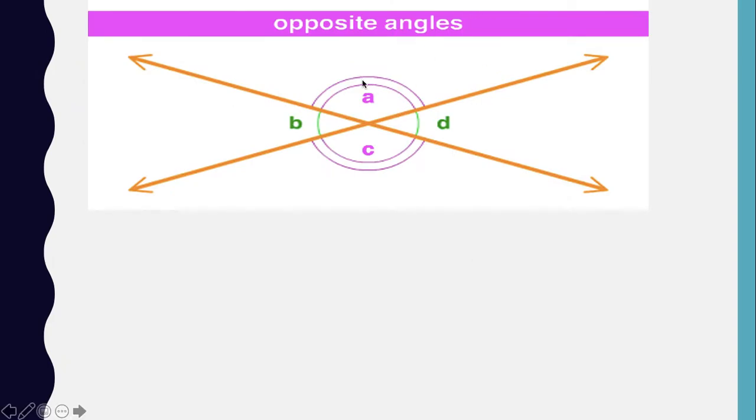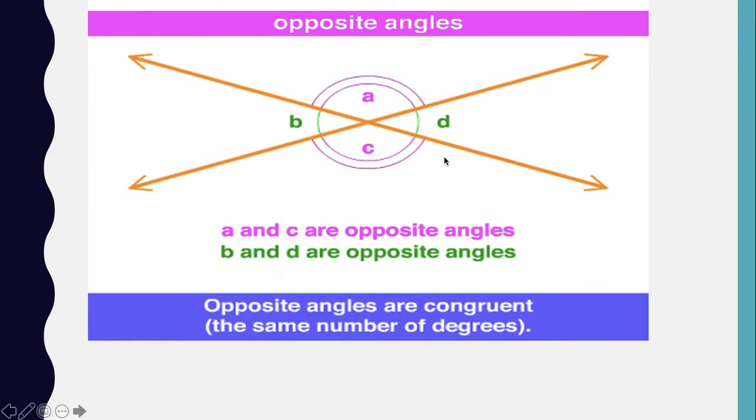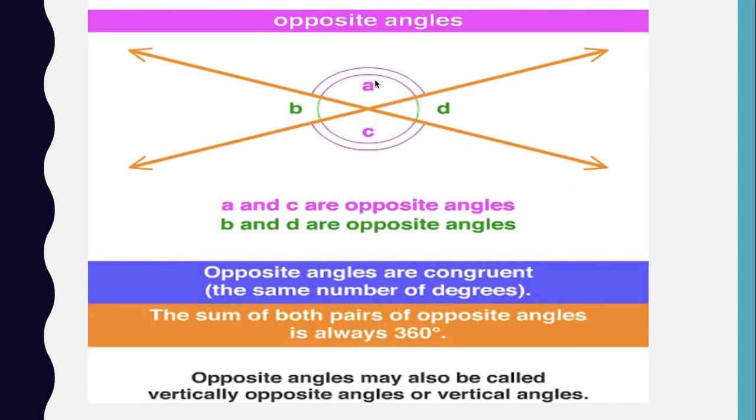Likewise, in the vertically opposite angles I have given you, angle A and angle C are equal. Likewise, angle B and angle D are equal. So which are the opposite angles? Angle A and angle C, and B and D, another pair. That means the vertically opposite angles are congruent; they will have the same measurement, the degrees will be the same.